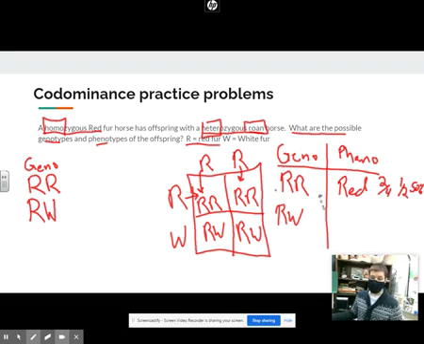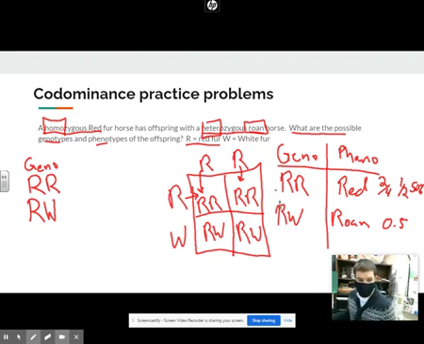So this is going to be roan as our phenotype. Again, that's the other half, so I'll just put 0.5 down here to show that it doesn't matter how you present it. I'm not going to be picky. I don't think any of the other teachers are picky about how you list the probability, provided it's some sort of equivalent of what the right answer is.